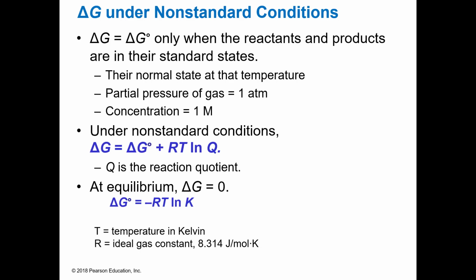So what you need to be thinking about is you have this equation, delta G equals delta H minus T delta S. So that's one way to solve for Gibbs free energy.